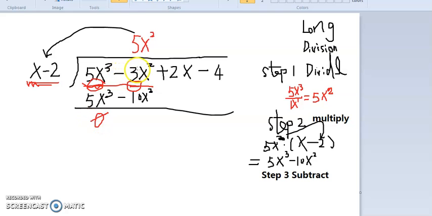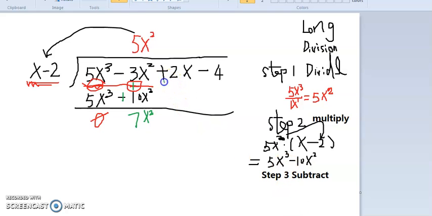And then we do negative 3 minus negative 10. We need to use the rule keep, change, change. So it's like doing negative 3 plus positive 10. That gives us 7x squared. So that's the first round of these 3 steps.